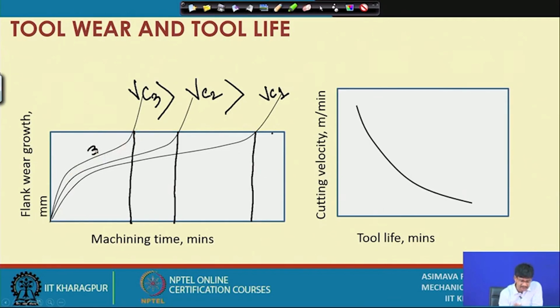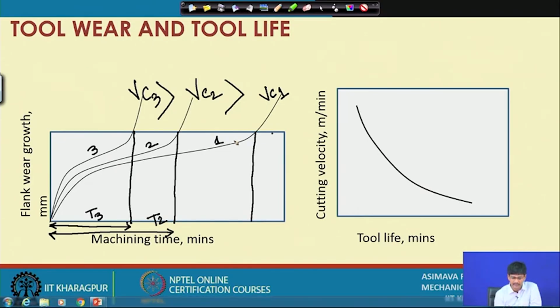So, this is curve 3, this is curve 2 and this is curve 1, and correspondingly this is the time for which the tool has been usable, that is tool life 3 here to here, and from here to here this is tool life 2 and that one is tool life 1. So, we understand that if we use a lower value of cutting speed, the tool wear is going to be slower and we are going to get higher tool life.